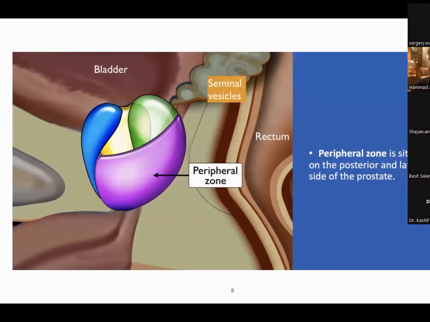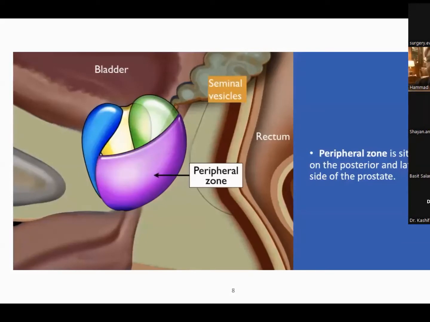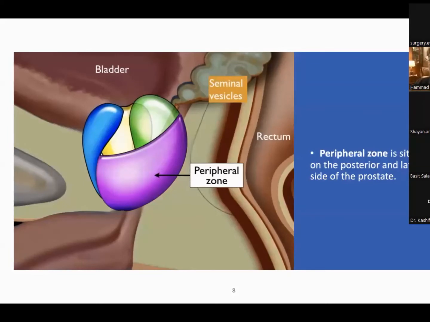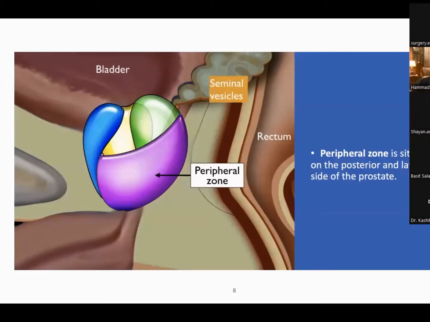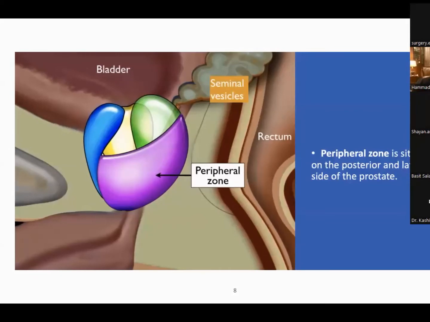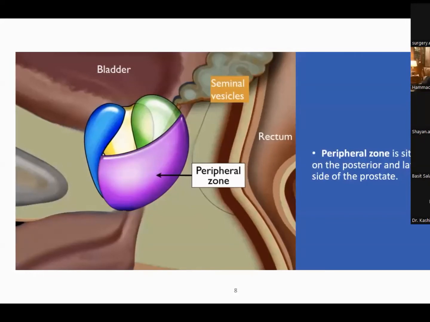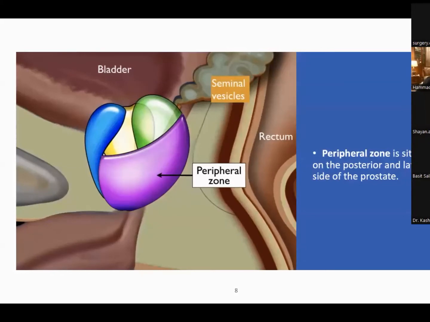And we know that this is the reason why prostate cancers are so difficult to diagnose, because they do not have any symptoms. They essentially grow in the peripheral zone, which is not affecting the urethra, so it has very little symptoms. So most of the time, the symptoms are that of BPH, and this is how most of these people present.